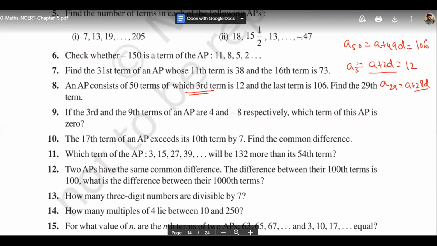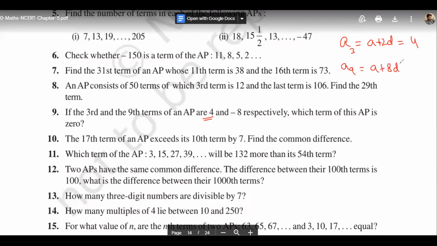So in this question, it is being given to you that the third term, a plus 2d, is 4, and the ninth term, a plus 8d, is equal to minus 8. It is being asked which term of the AP is equal to 0, which means you need to calculate the value of n.